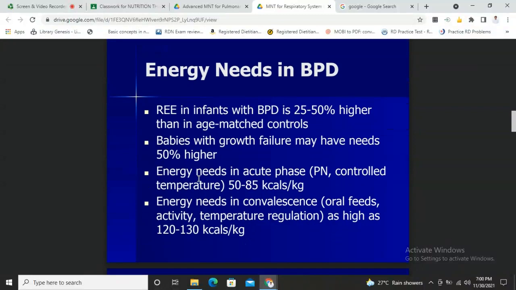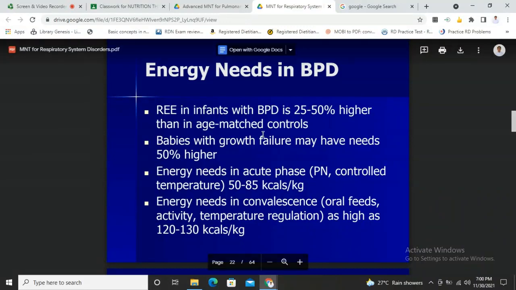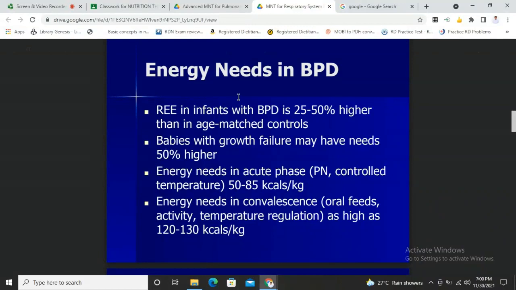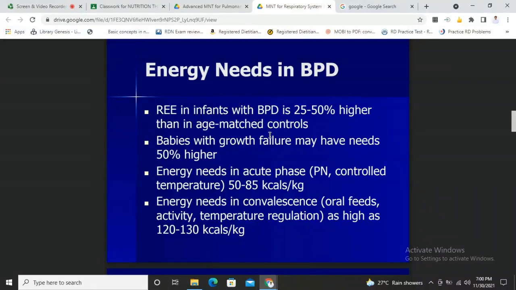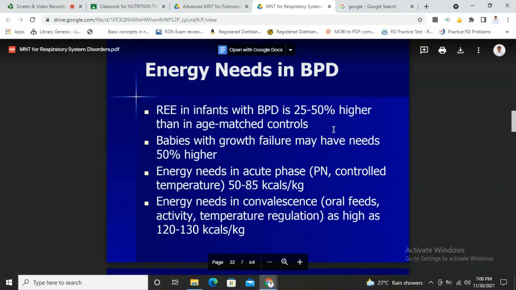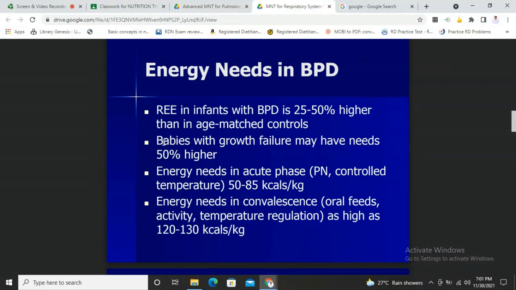So, the energy needs in BPD is 25 to 50% higher than in age-matched controls. So, mas taas gud, no, ang TR sa kaning mga naay BPD compared sa katong mga healthy infants. So, babies with growth failure may have needs 50% higher.